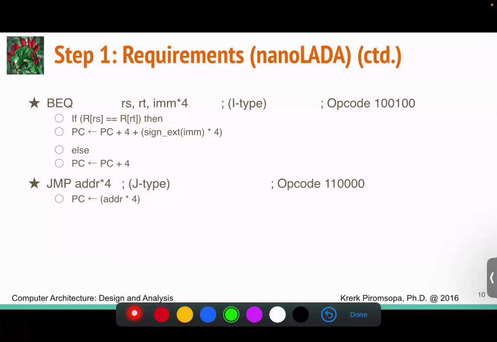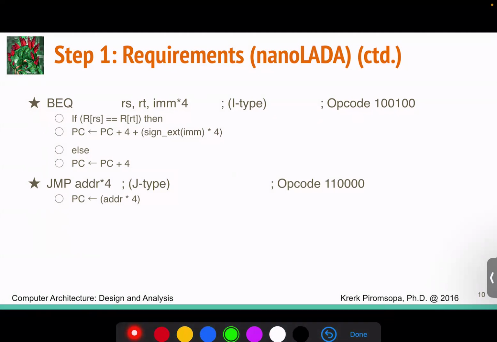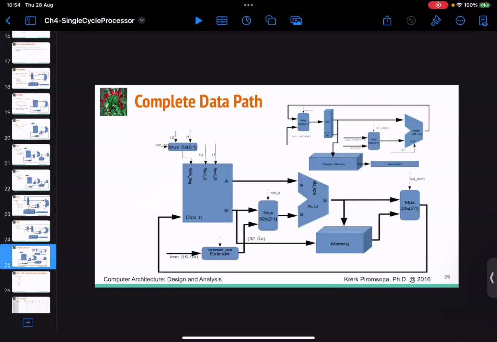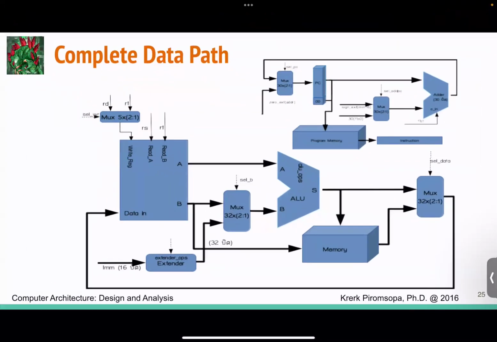In the processor manual, they would give you the RTL to explain what happens. To design the data path, basically you go from the RTL into the data path like this.